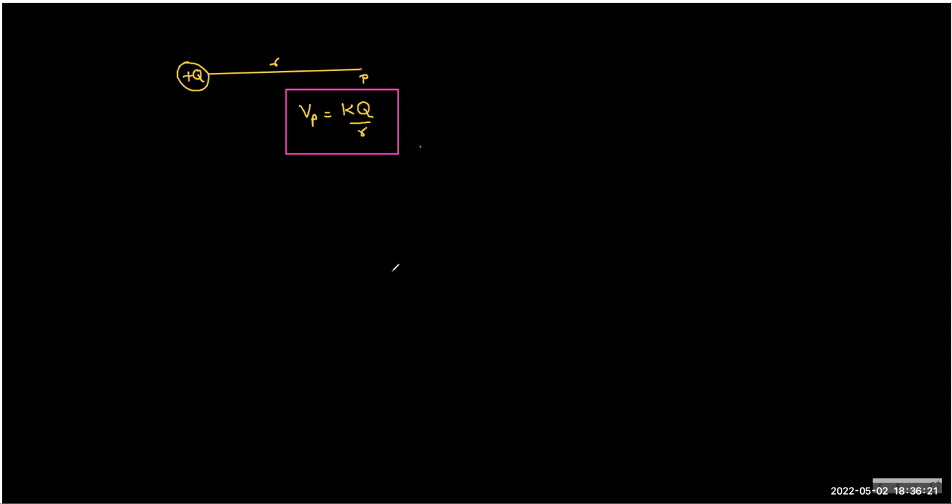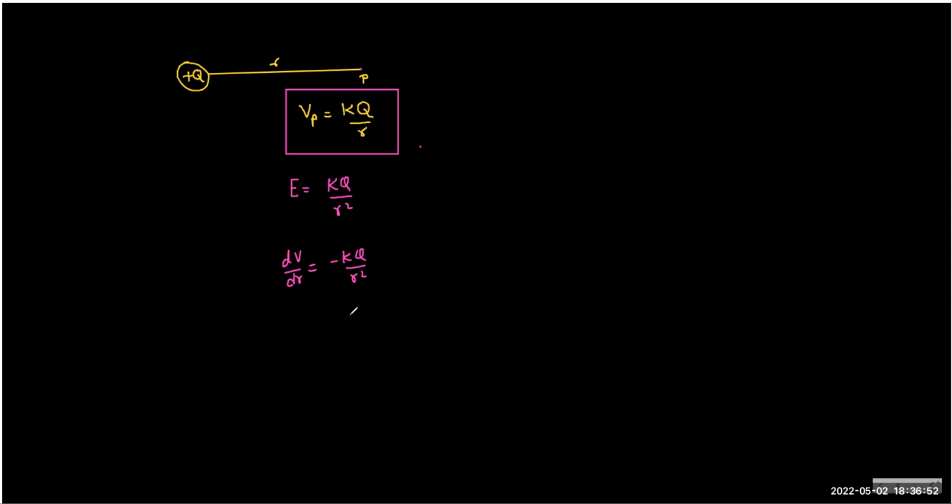So again, coming back to the potential, if we have a charge Q, then it will create a potential like this. And we are already aware that the electric field at the point P is kQ by r square. So we can relate something from here. If you look carefully, if you differentiate V with respect to r, we get minus kQ by r square, right?